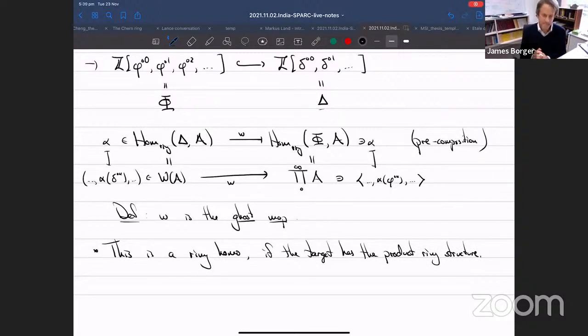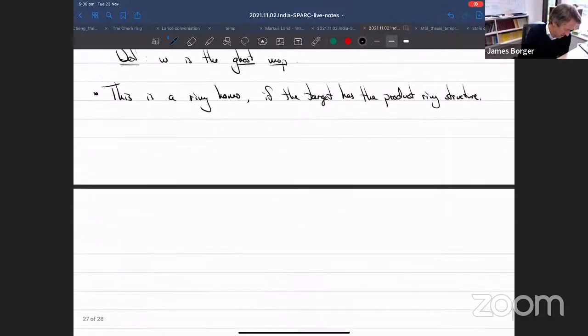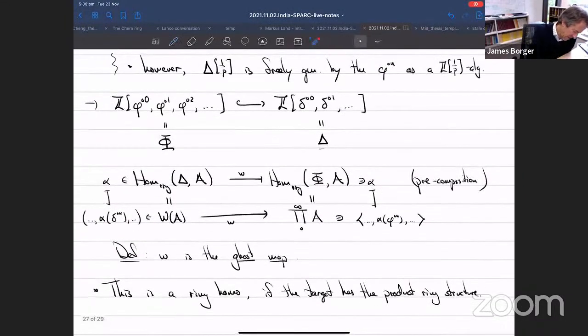Okay. I should probably say why that's true, but in some sense, the answer is almost a tautology. In fact, everything is set up in such a way that you could view the ring structure on W of A as being defined in such a way that forces this to be a ring homomorphism.